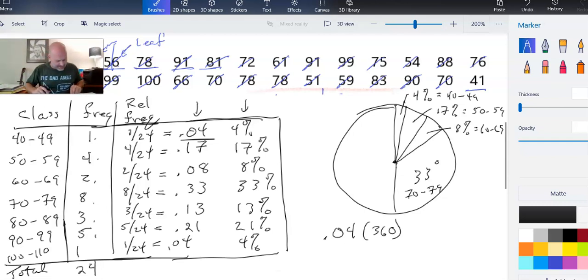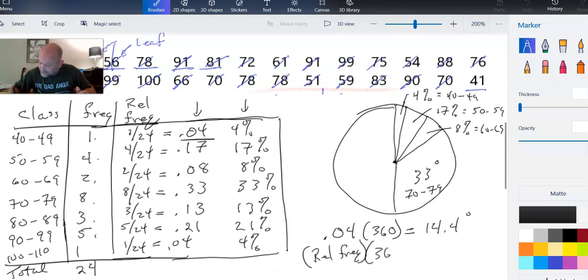And if I do that, that means that angle comes out to 14.4 degrees, right? And you could do that with all of them. It's the relative frequency times 360 degrees. And that tells you how to find the actual angle that you're dealing with.